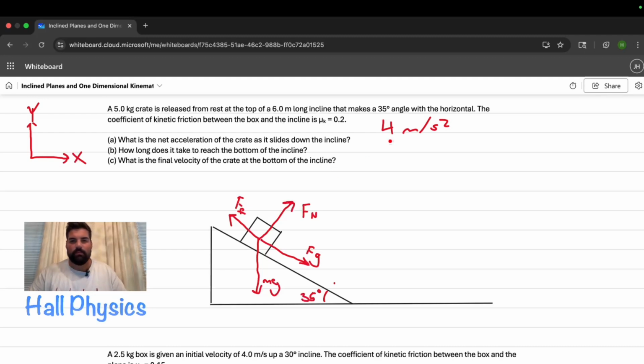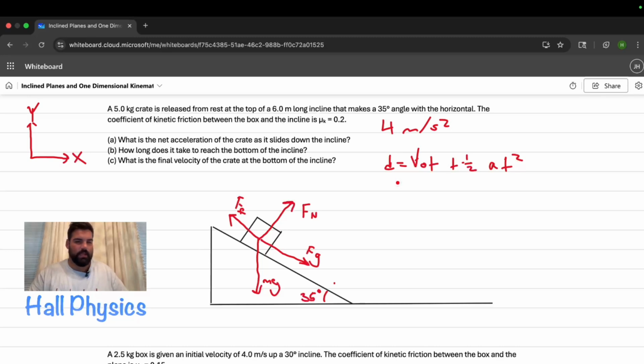All right, so for this problem, we can use our distance formula. Distance is equal to initial velocity times time plus 1/2 times acceleration times time squared.